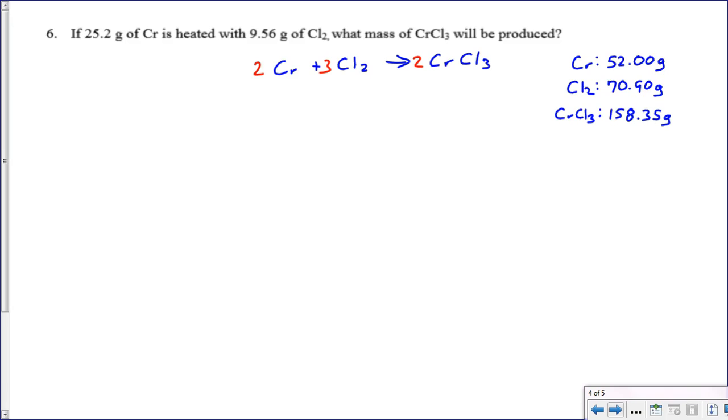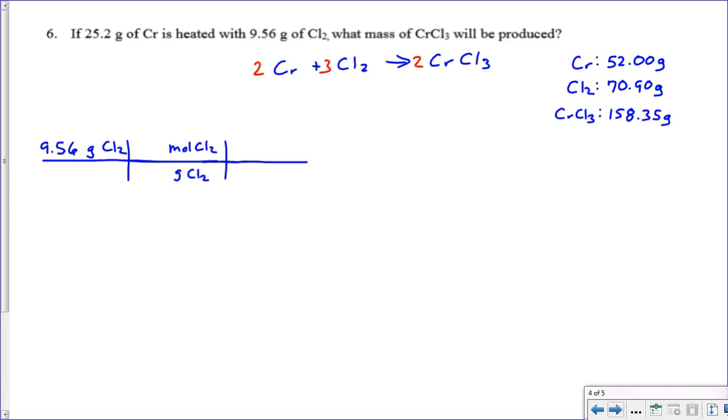And then again, I said it's very similar to what we were just doing. So you're going to start with 9.56 grams of Cl2. And then you're going to convert from grams of Cl2 to moles of Cl2.